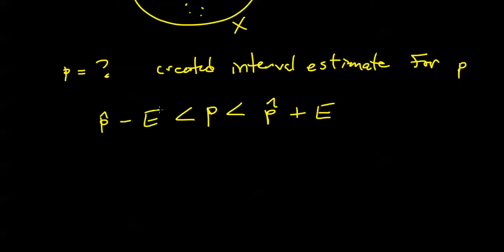We showed you how to use the calculator operator, 1-PropZInt, to construct this confidence interval, and we also showed you how to do it by hand. In any case, we got upper and lower bounds for our confidence interval estimate for little p. And we're going to be doing something very similar in section 7.3 today.